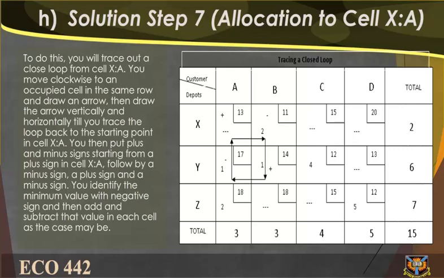Then draw the arrow vertically and horizontally till you trace the loop back to the starting point in cell X to A. You then put plus and minus signs starting from a plus sign in cell X to A, followed by a minus sign, a plus sign and a minus sign. You identify the minimum value with negative sign and then add and subtract that value in each cell as the case may be.